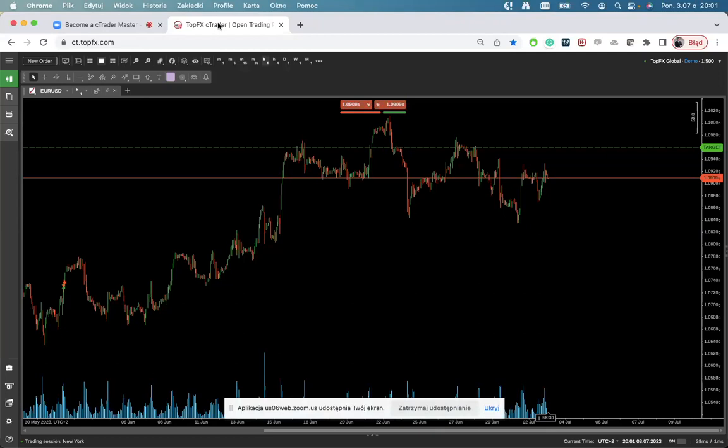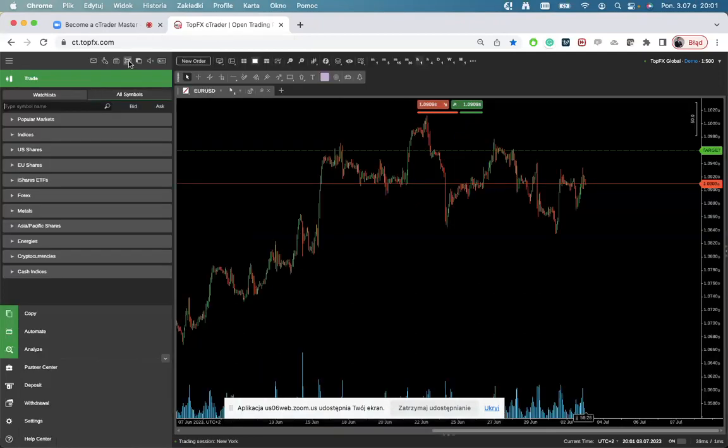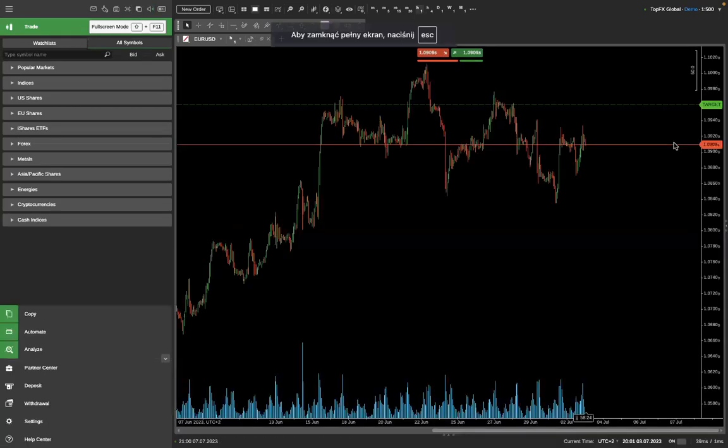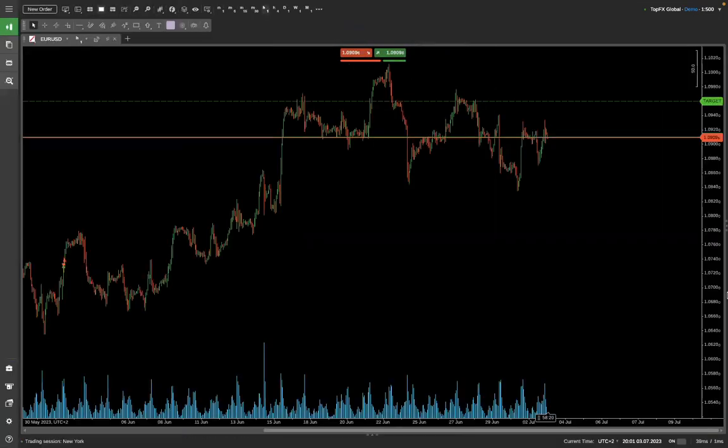The agenda of today's meeting is very, very tight, but I think you will find everything you need to know about the moving average and how to apply it, how to use it on cTrader.